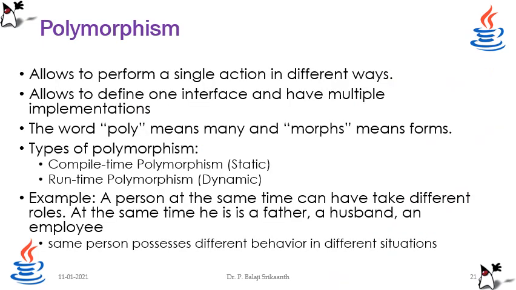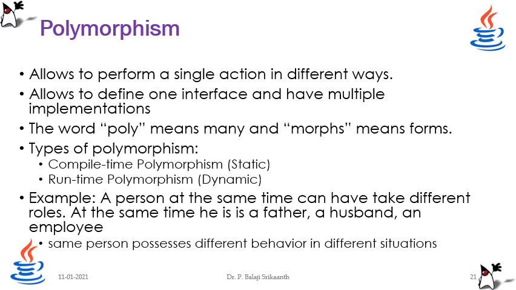Polymorphism is a mechanism which allows us to perform a single action in different ways. It is also a mechanism which allows us to define one interface and provide different implementations for the same interface. The word polymorphism is from Greek. If you dissect the word, poly and morph, poly means many and morph means forms.